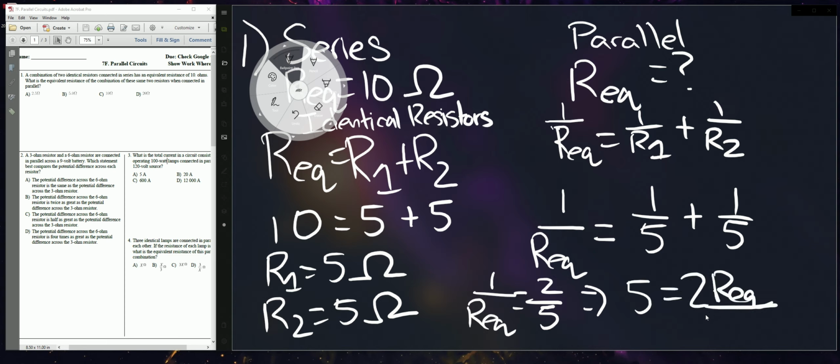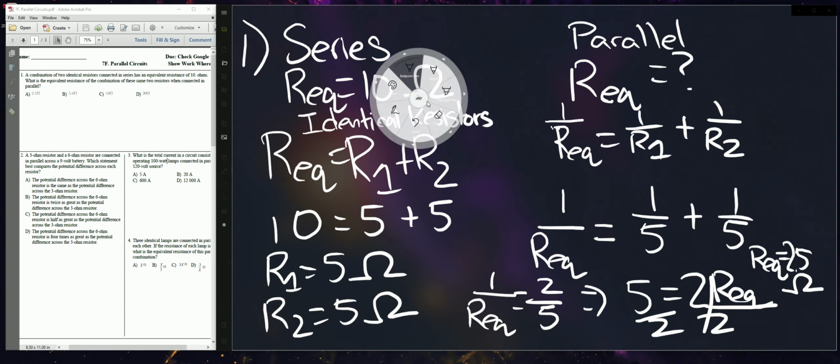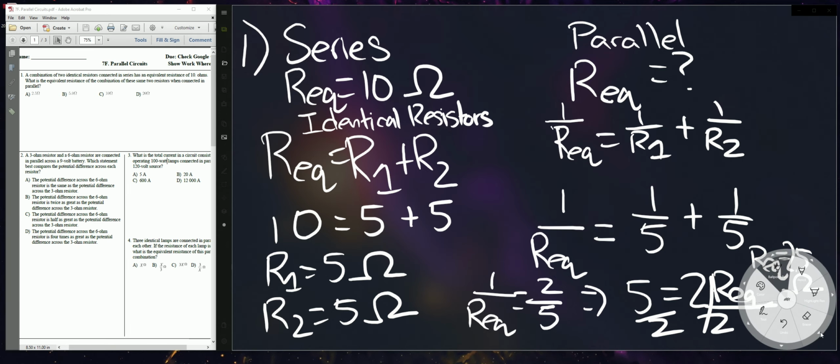And I'm sure you guys can do the math, right? So if you connect two identical resistors together in parallel, then your equivalent resistance is 2.5 ohms. All right, which makes sense because your overall resistance should be less.